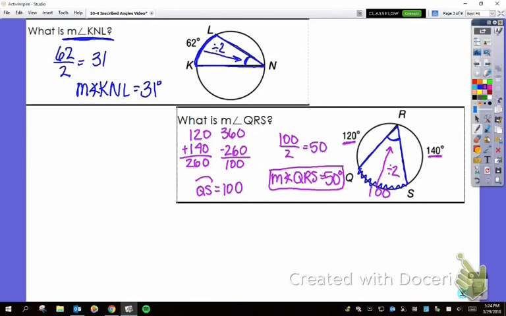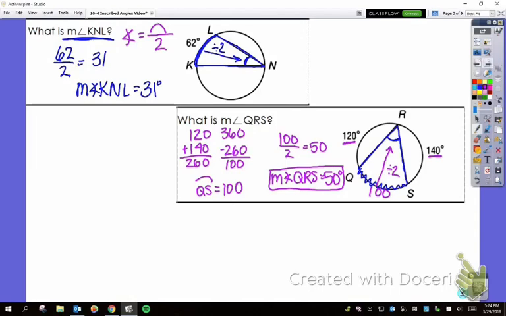Now, an easy way to remember this, if you need a little formula, is that the angle equals the arc divided by 2, or we could say the angle equals 1/2 times the arc. Multiplying by 1/2 and dividing by 2 are the exact same thing. So we're going to keep on moving right along.